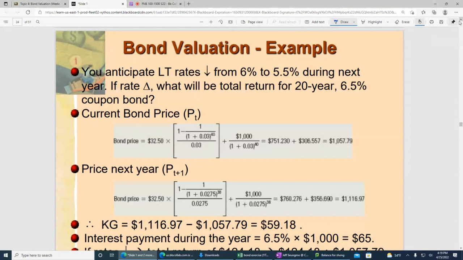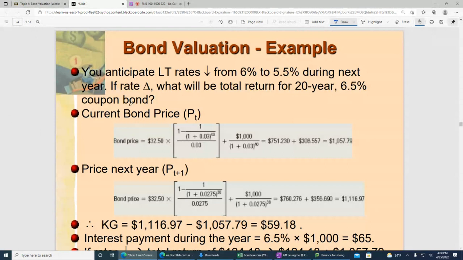So if we can tell how the interest rate will behave, we can use it to our advantage. First of all, if the interest rate will fall from 6 to 5.5, we can tell the price will go up, because of the lower discount rate.